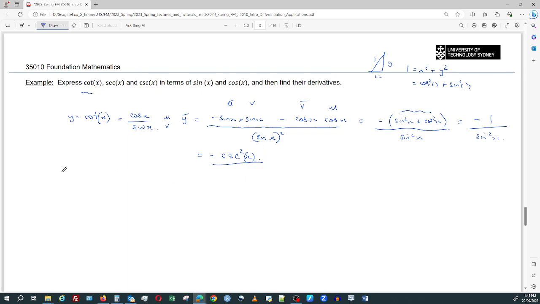Just to do those. Sec squared. What's sec squared? Sec's 1 over cos. I always remember it like that. Chain rule.